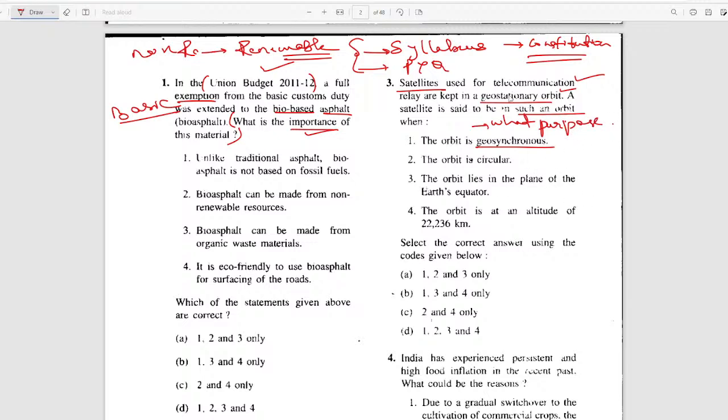Because they have asked here about telecommunication or relay satellites. So you have to read about the satellites, about the different kinds of orbits, about the purpose of what kinds of satellites are used in what kinds of orbits, and also the launch vehicles that are used for launching these satellites.